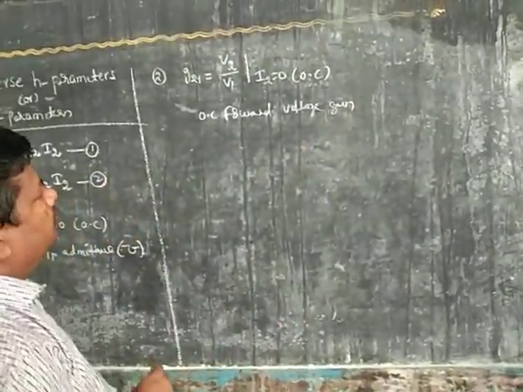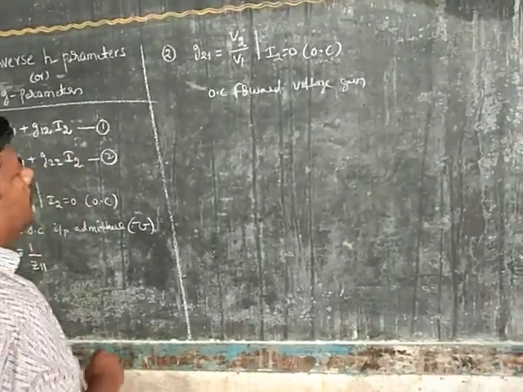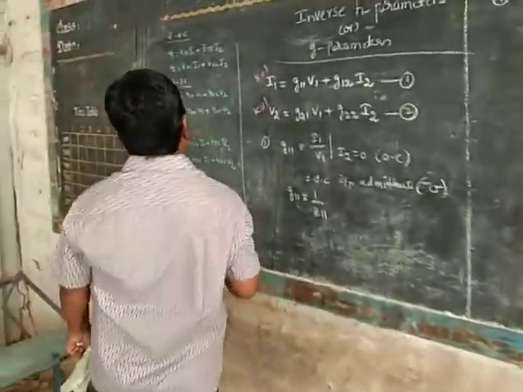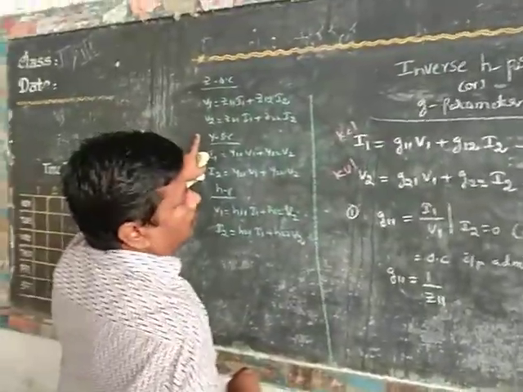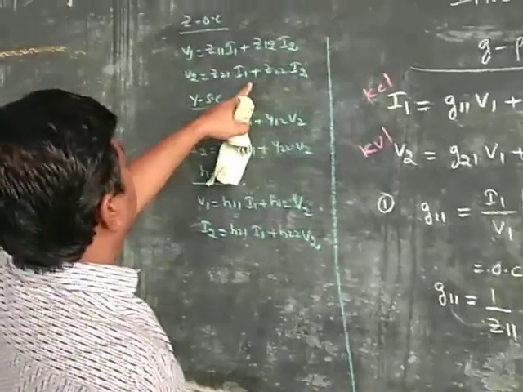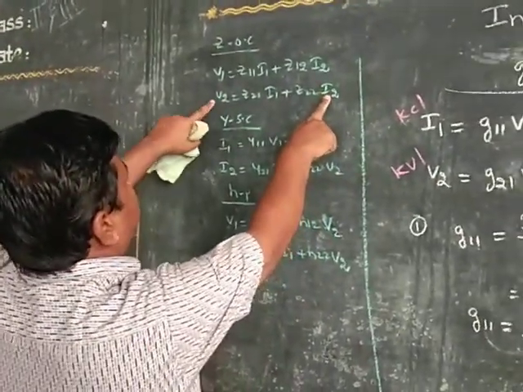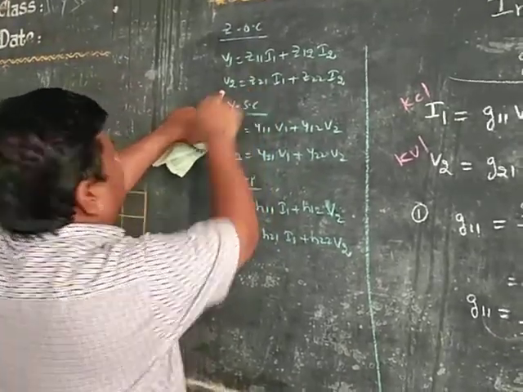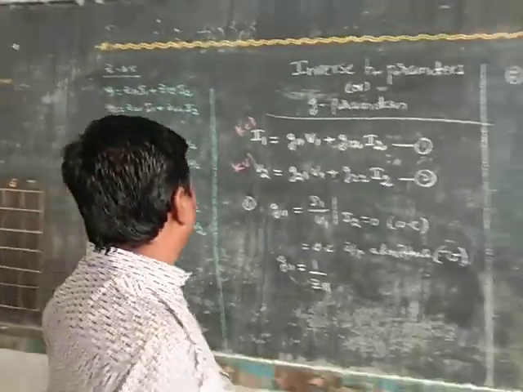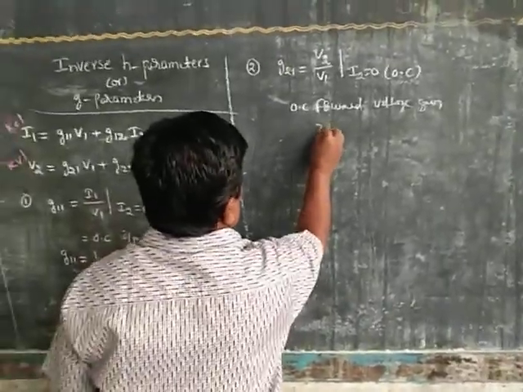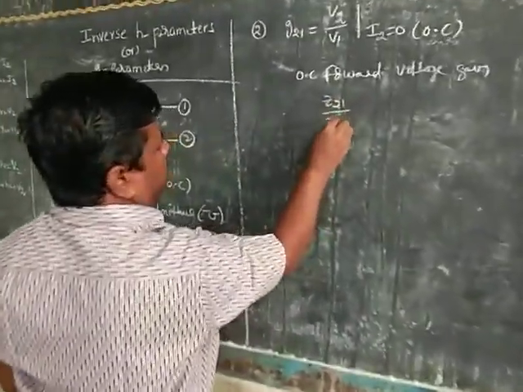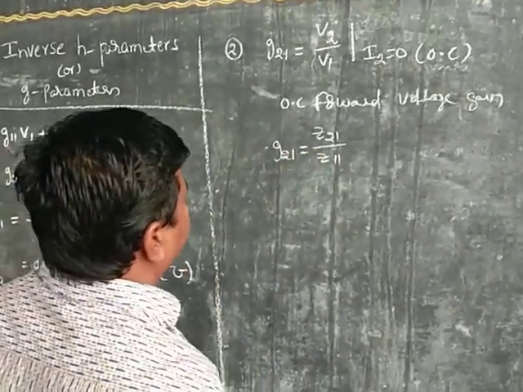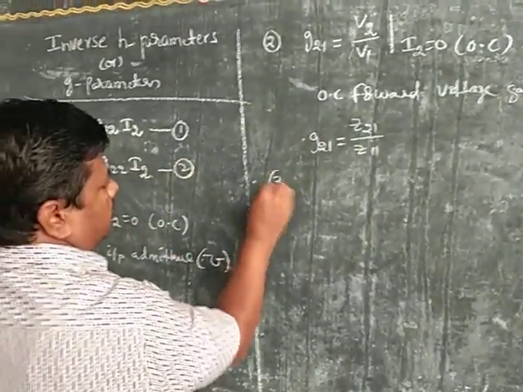Coming to Z parameters, when I2 is equal to 0, V2 by V1 means Z21 by Z11. So G21 is equal to Z21 by Z11.